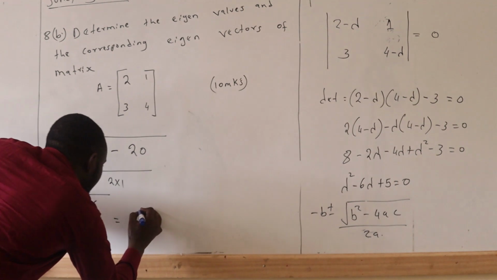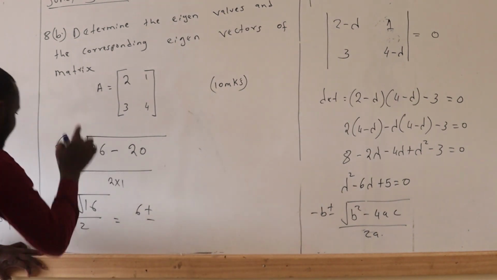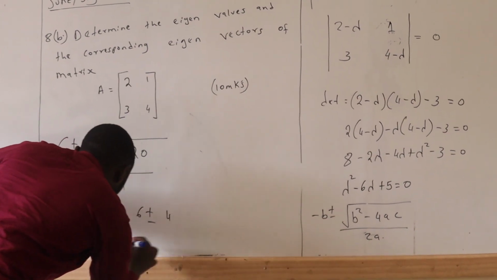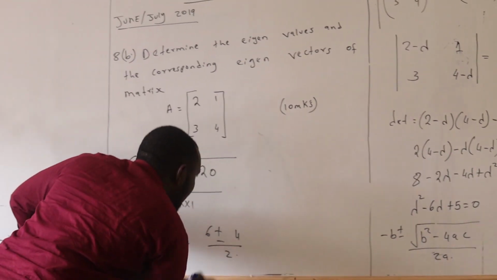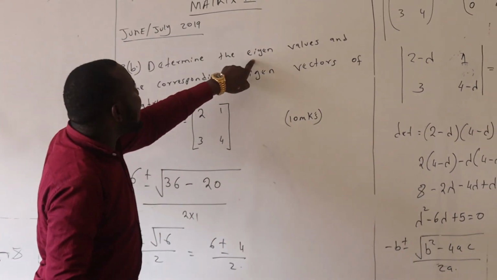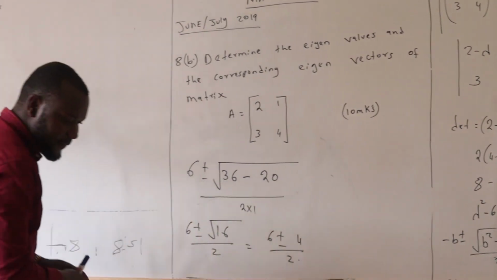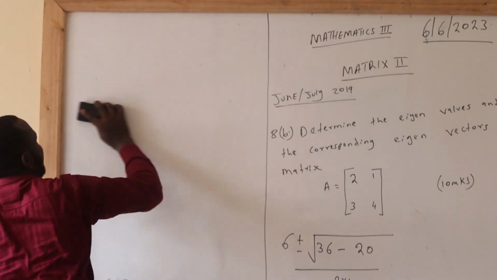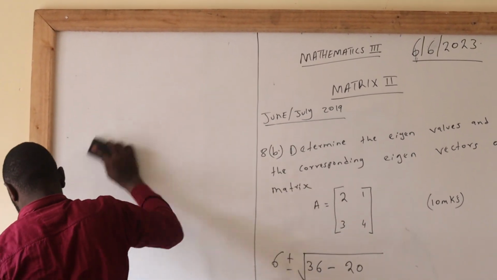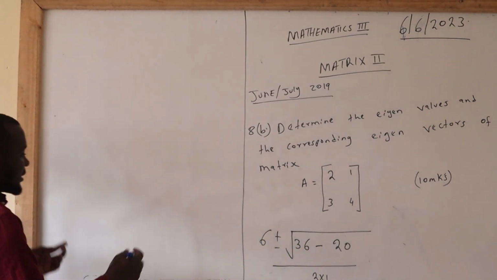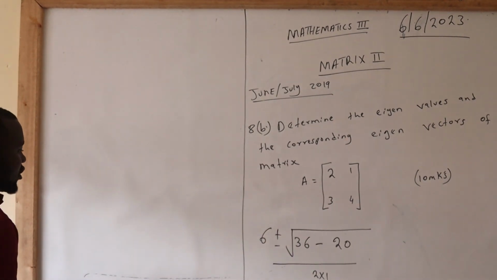This one is equal to 6 plus or minus the square root of 16, that is 4, divided by 2. Now, our eigenvalue for the first value, I don't know if our cameraman can see this side, so that we can have our eigenvalues, and then we discuss our eigenvectors.